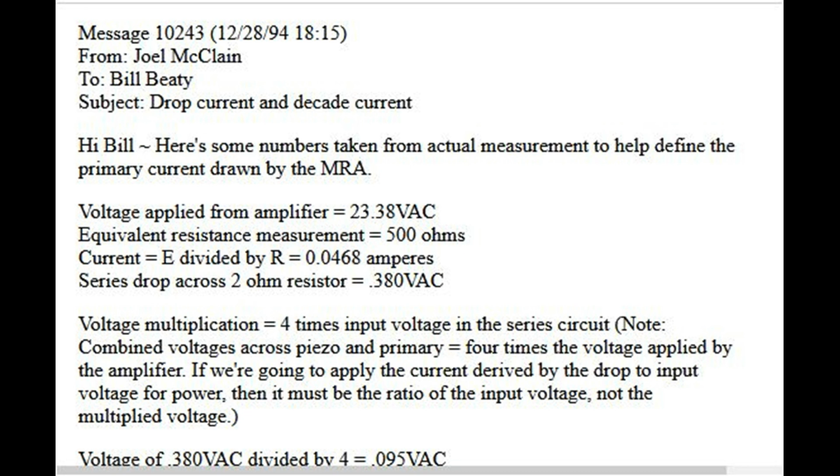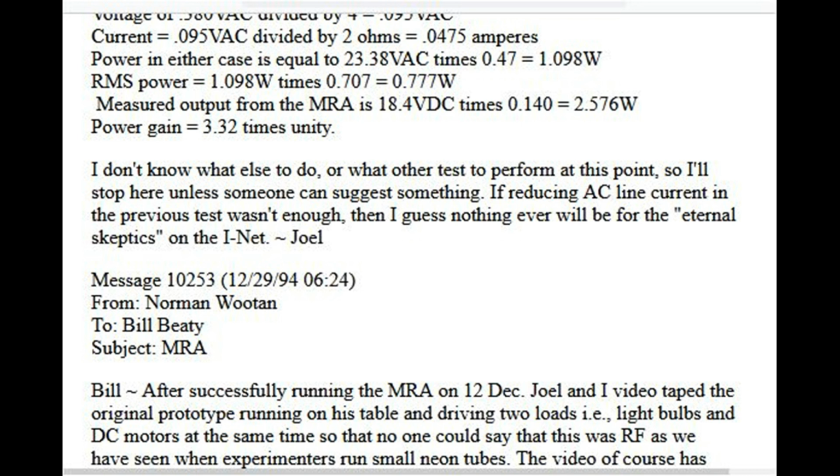Voltage multiplication equals 4 times input voltage in the series circuit. Note, combined voltages across piezo and primary equal 4 times the voltage applied by the amplifier. If we're going to apply the current derived by the drop to input voltage for power, then it must be the ratio of the input voltage, not the multiplied voltage. Voltage of 0.380 volts alternating current divided by 4 equals 0.095 volts alternating current.